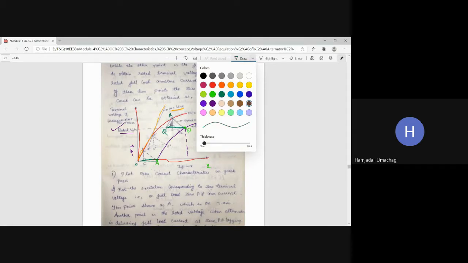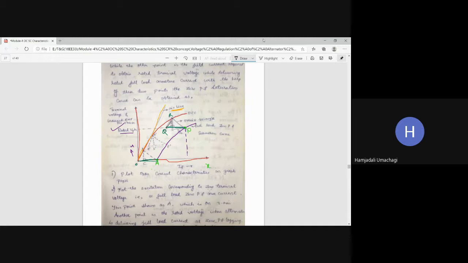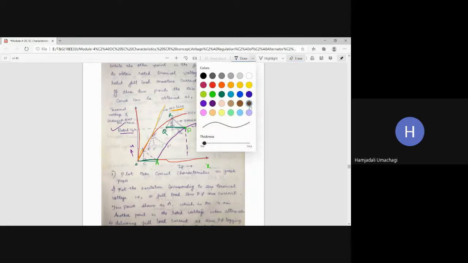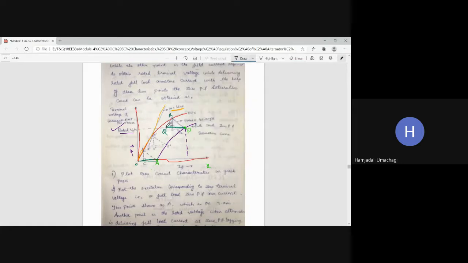Join RQ and then join RP, and from point R drop the perpendicular, and call that point S. So this triangle PQR we call the Potier triangle.